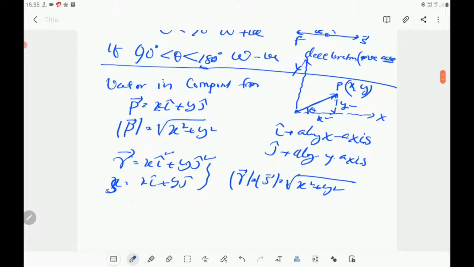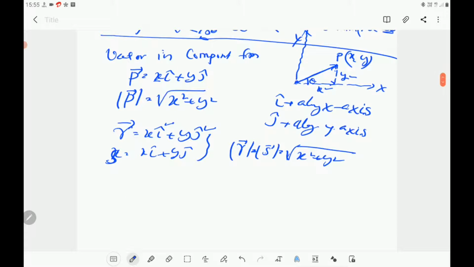Now, since work is a dot product of two quantities, force and displacement, if I write work as F dot S, and F is given in component form, say Fx i plus Fy j, normally numerical values will be given.